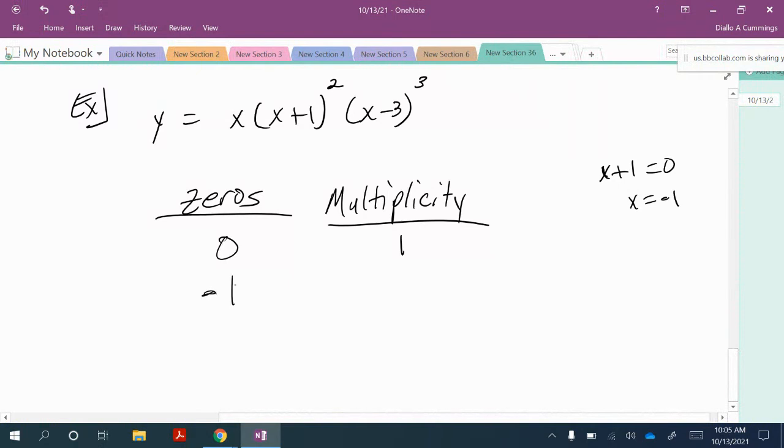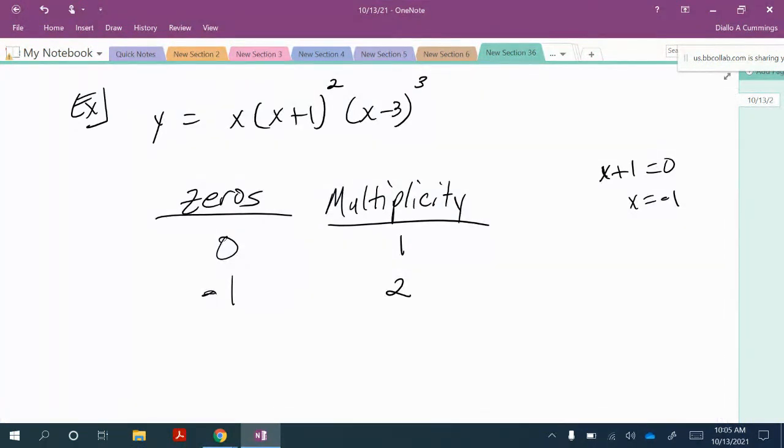So our next 0 is negative 1. To determine the multiplicity, we look at the exponent that linear factor carries. The factor x plus 1, which is a 0 of negative 1, carries an exponent of 2. So it has a multiplicity of 2.